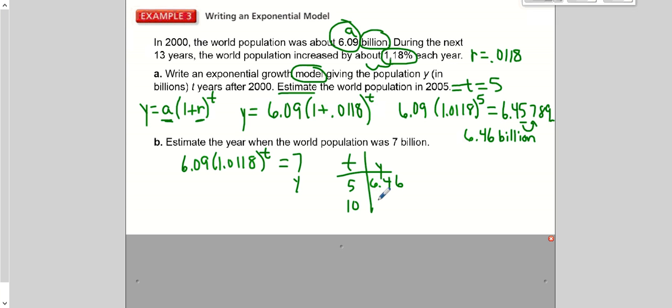Let's round it to 2 decimal places. Okay, not there yet. Let's try 15. Type it in, what do you get?